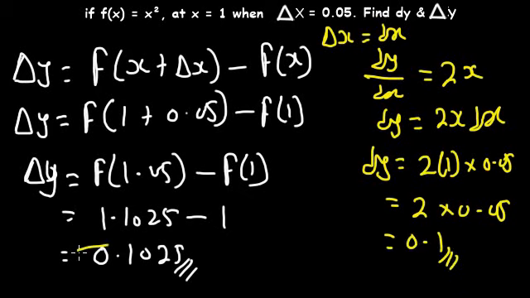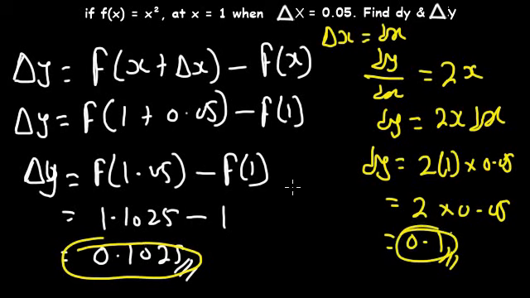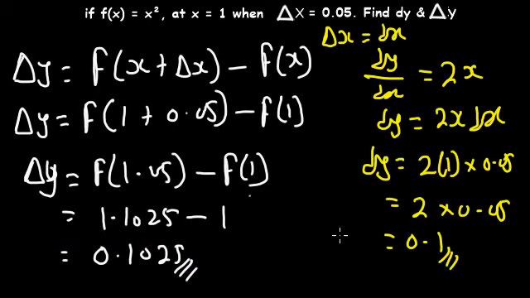As you can clearly see, the values are very, very close, as the difference is just 0.0025. That's a very small number. So the values will be much closer if delta x is very close to 0, as delta x approaches 0 and these values approach each other.